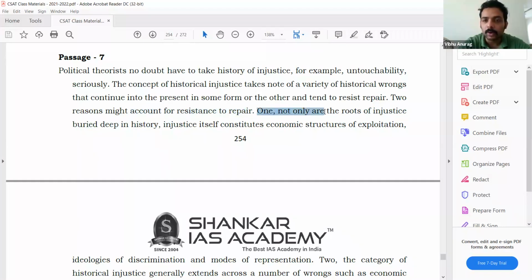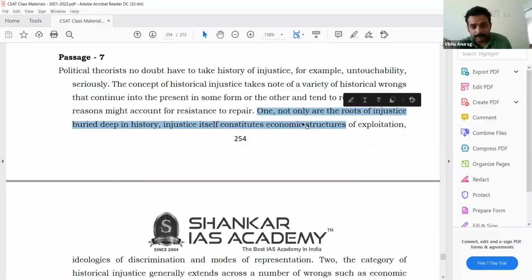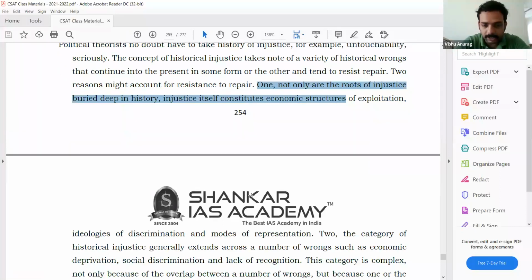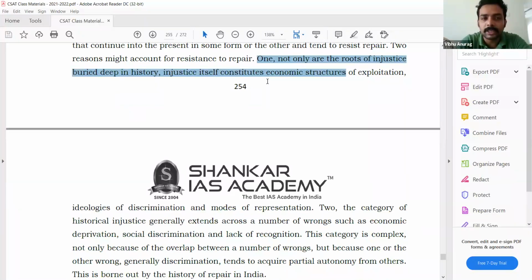One, not only are the roots of injustice buried deep in history, injustice itself constitutes economic structures of exploitation, ideologies of discrimination, and modes of representation. So this injustice is still embedded in the society, in the structures of exploitation, in how discrimination happens, and in representation.